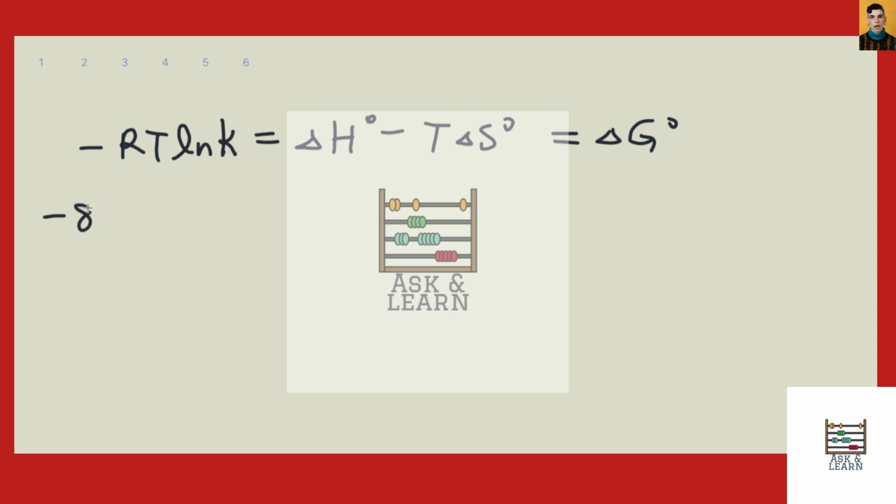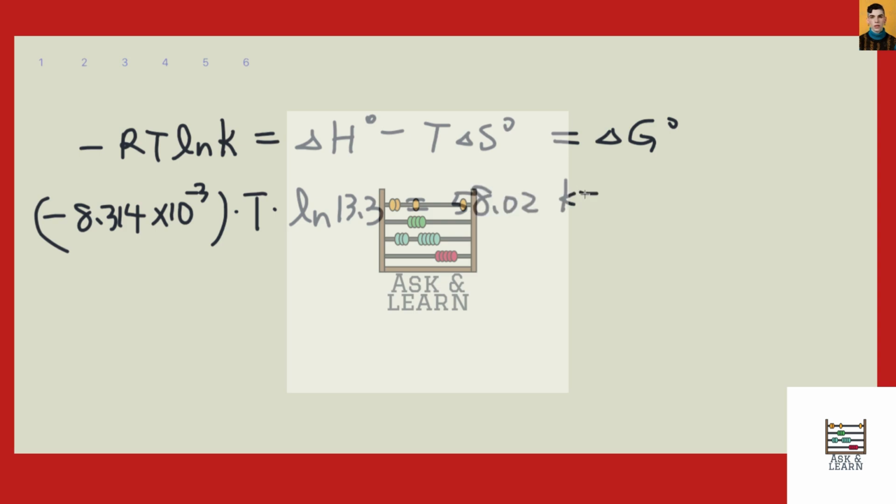So minus 8.314 times 10 to the minus 3 times T times ln of 13.3 is equal to 58.02 kilojoules minus T times 0.176 kilojoules per Kelvin.